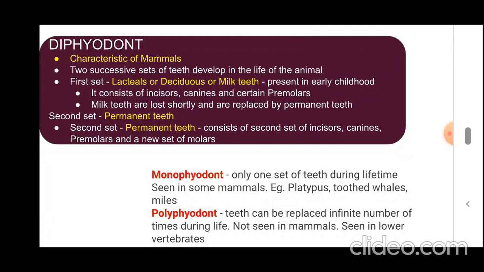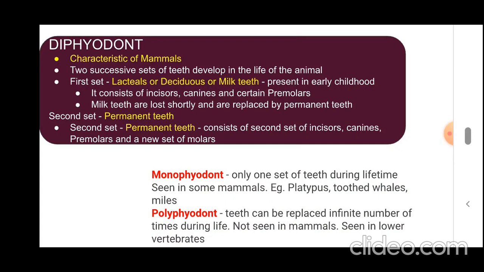Next is Diphyodont dentition. This is also a characteristic of mammals. What is Diphyodont dentition? Two successive sets of teeth develop in the life of the animal. First one set and later another set develops. The first set of teeth is known as lacteals, deciduous or milk teeth, and is present in early childhood.